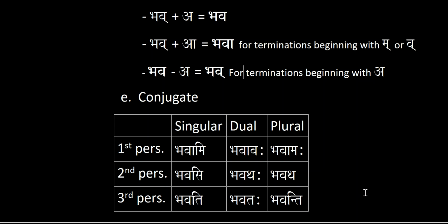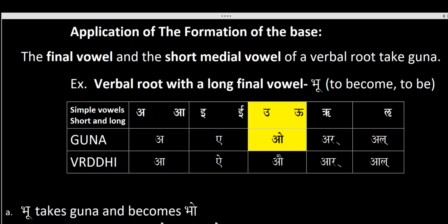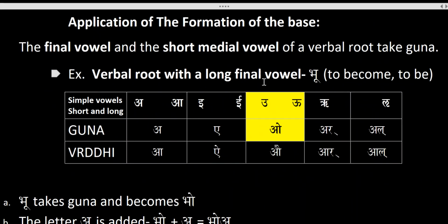So this is the first conjugation for bhu, to become, and this is a verbal root with a long final vowel. And we will continue with another example in the next video.